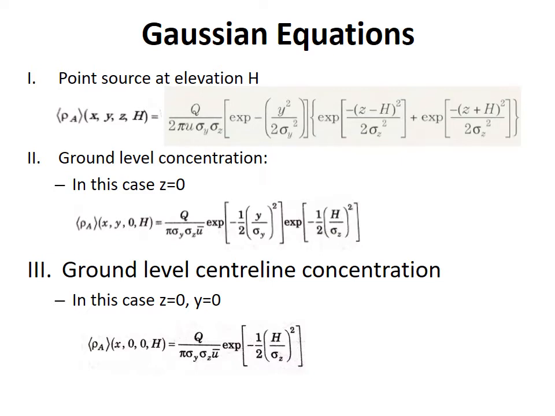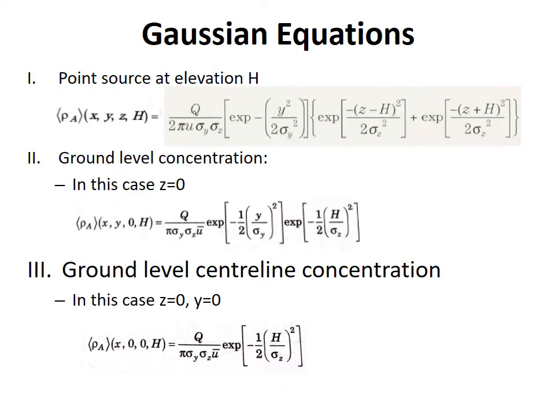For any point source like a stack located at an elevation H, the concentration of any pollutant at any point x, y, z, H is given as Q by 2 pi u sigma y sigma z into exponential of minus y square by 2 sigma y square into [exponential of minus (z minus H) the whole square by 2 sigma z square plus exponential of minus (z plus H) the whole square by 2 sigma z square].